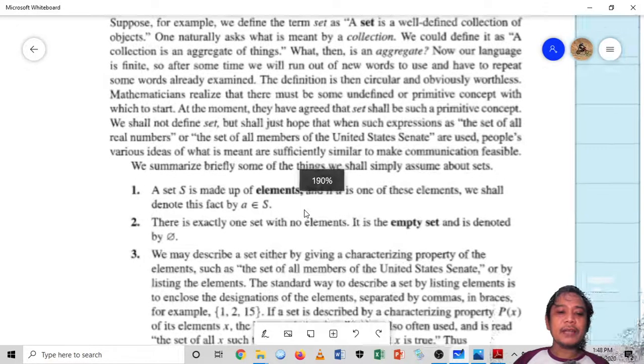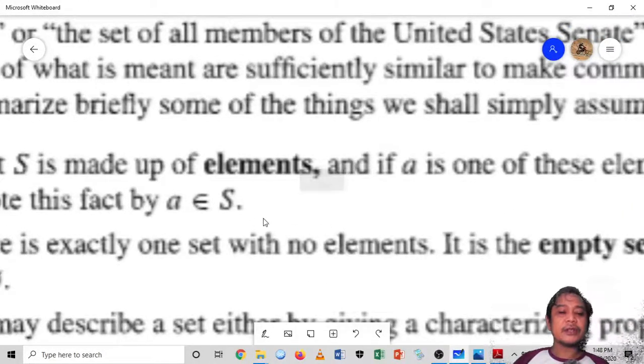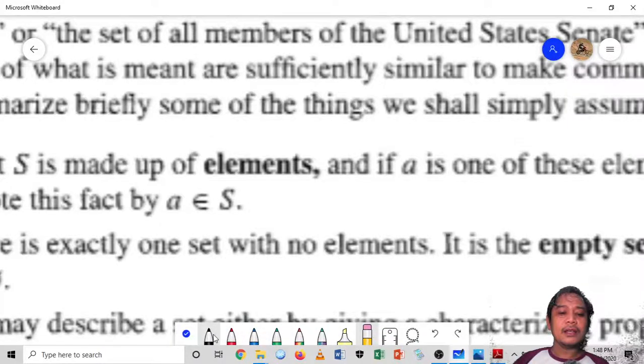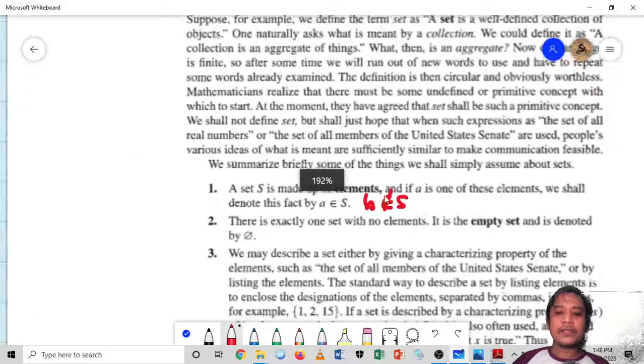So if there is an object, let's say B, which cannot be found in S, we say that B is not an element of S. Okay, so this is our symbol for not an element.